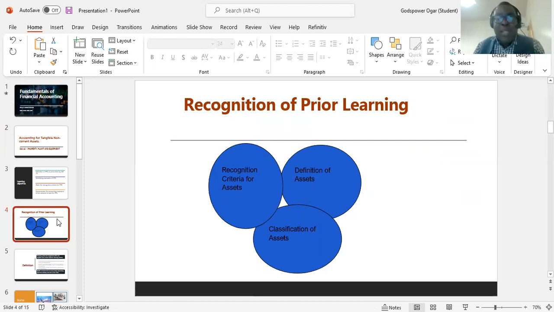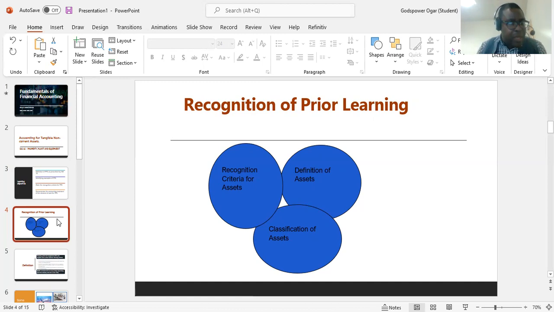The International Accounting Standards Board defines an asset as a resource controlled by an enterprise as a result of past events, and from which future economic benefits are expected to flow to the enterprise. So it means, number one, the resource is controlled by the organization as a result of past events, and not just that, future economic benefits. Those benefits in business are always going to be economic in nature, flowing to the enterprise.